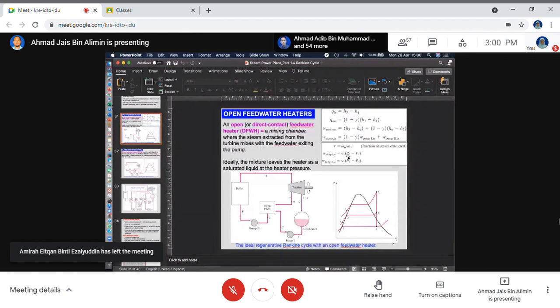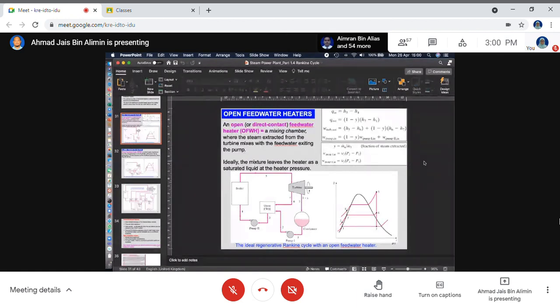And if you have questions relating to the filters, there will be also questions on how much steam is being used to be put back into the feed water system. So dia adalah soalan yang tu, fraction of steam extracted.